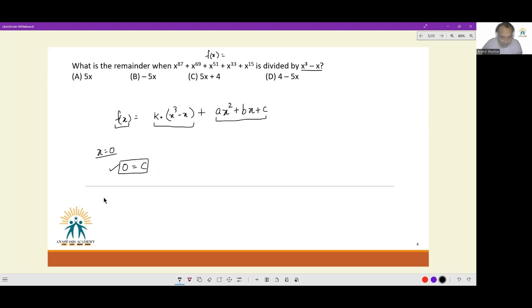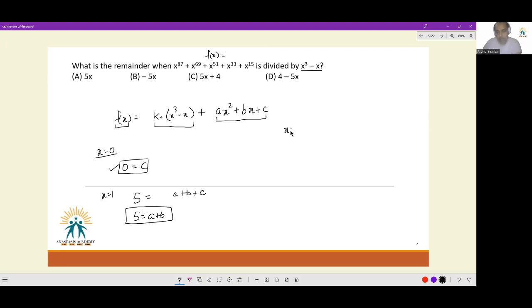Wonderful. At x equal to 1, each of these expressions will turn 1, 1, 1, 1, 1. 5 is equal to a plus b plus c. Now understand, C is already 0. This is actually as good as 5 is equal to A plus B. This is known.